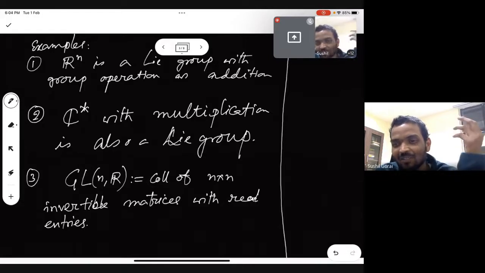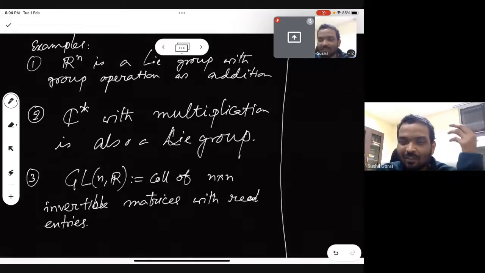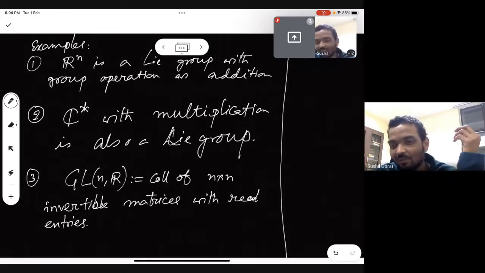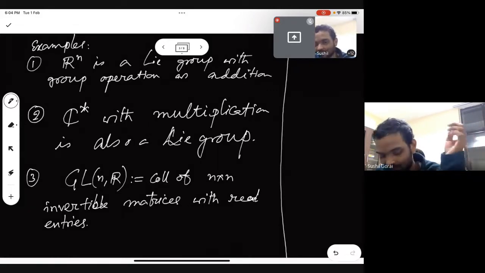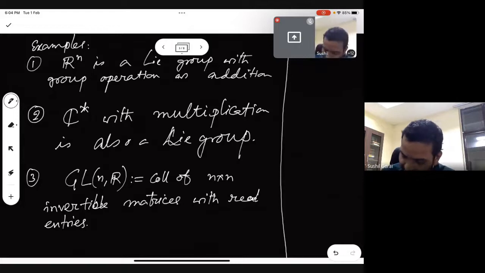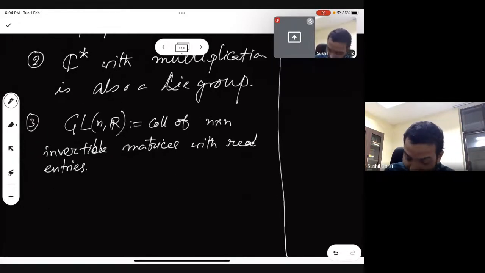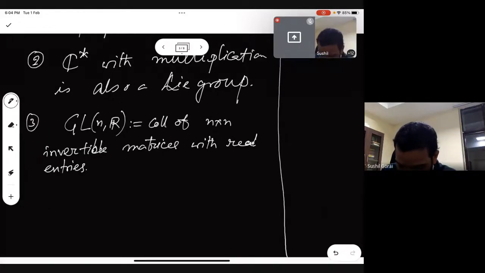The determinant is non-zero, but it may not be positive all the time, or negative all the time. So you look at R minus 0 and look at its inverse image. So this is an open subset of Rn square, so it's a manifold.